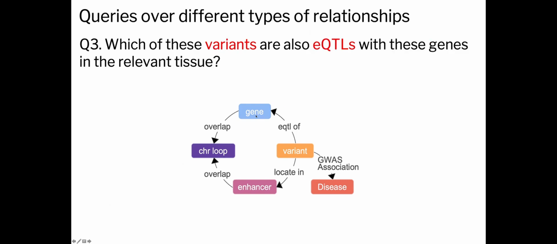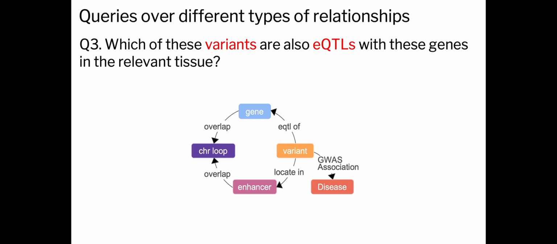The third question is which of the variants are also eQTLs with these genes in the relevant tissue, so you add another condition: this variant is an eQTL in a particular tissue like pancreas. Then you just query the knowledge graph. So this really gives you a way to answer these questions about relations easily.